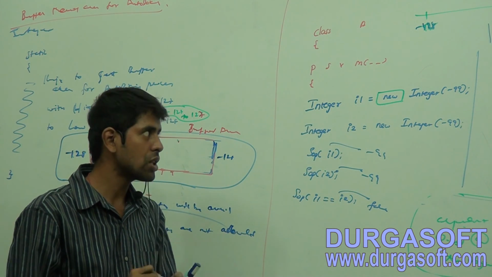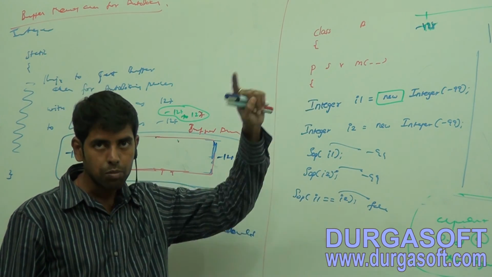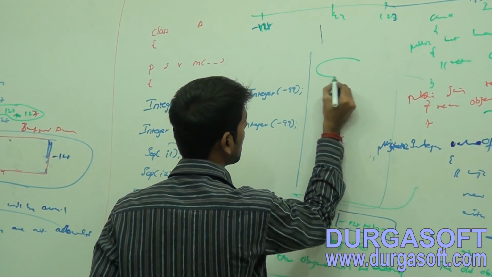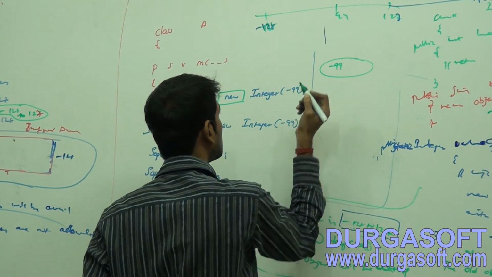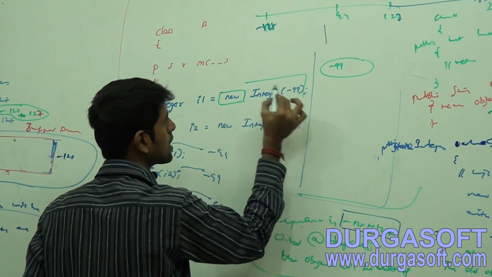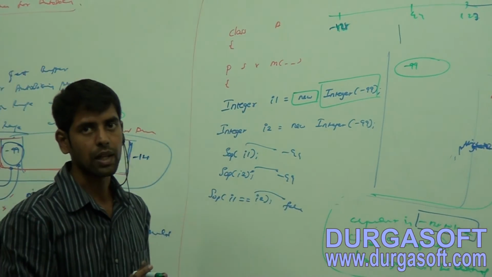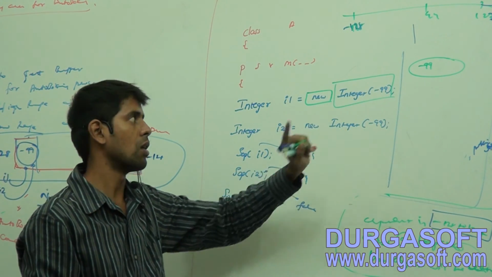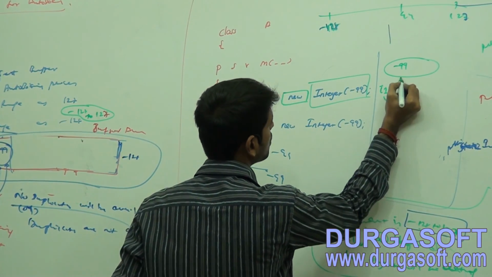Now what happens here? Because of this statement, a new object will be created at the heap area with the data minus 99. Because of this constructor, this minus 99 will be written within the object as data. Now I1 will be referring to this object.